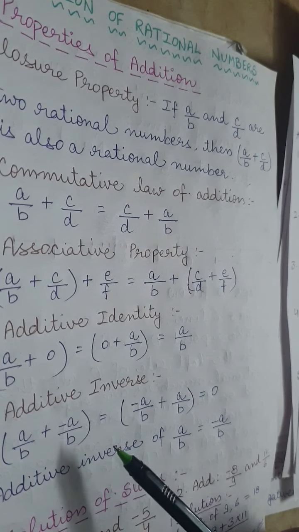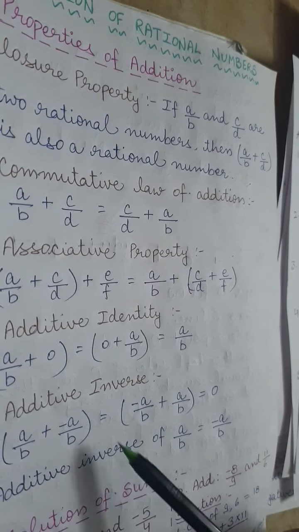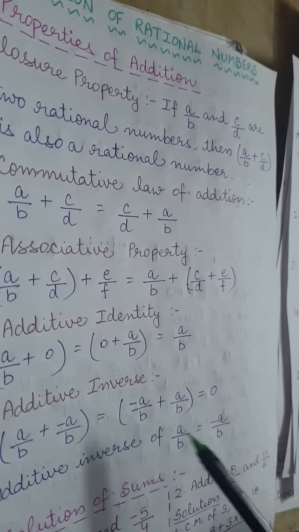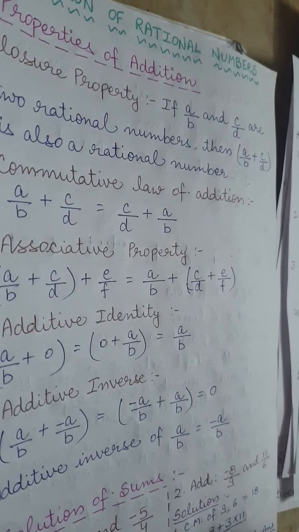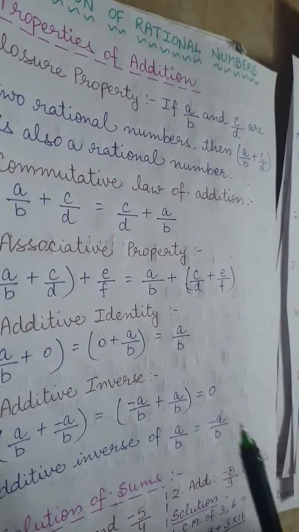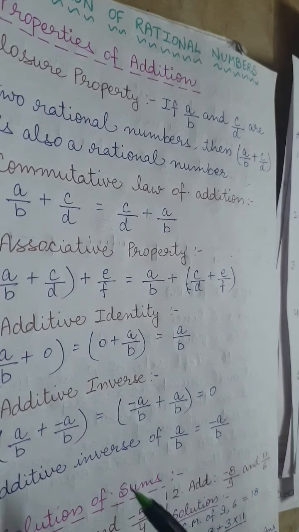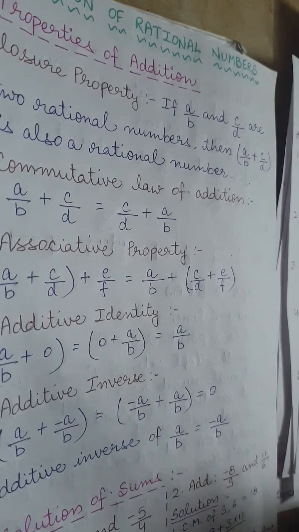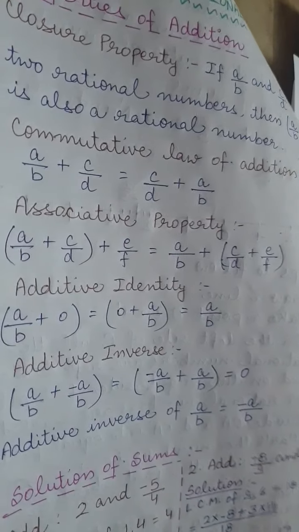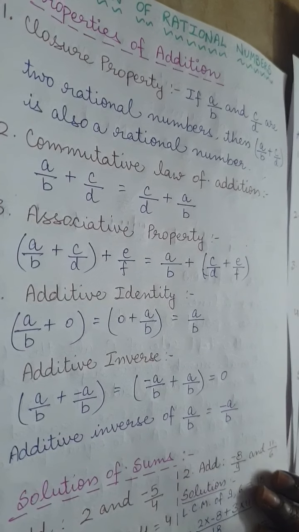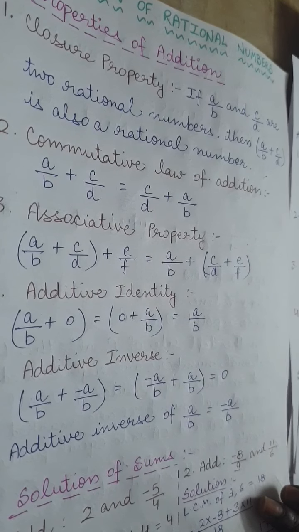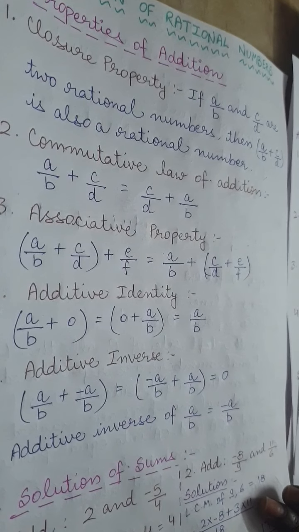The additive inverse of a positive rational number is always a negative rational number, and that of a negative one is always positive. So in the additive inverse, we only have to reverse the sign. We have to just change the sign of the number. Whether it is positive, convert it to negative, and vice versa.